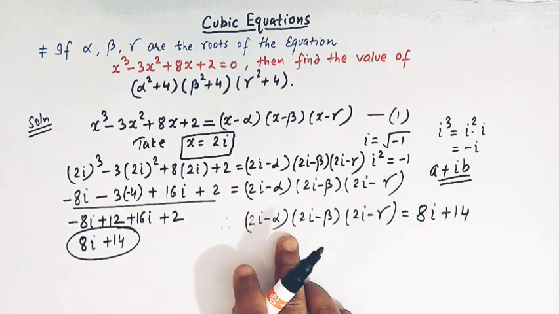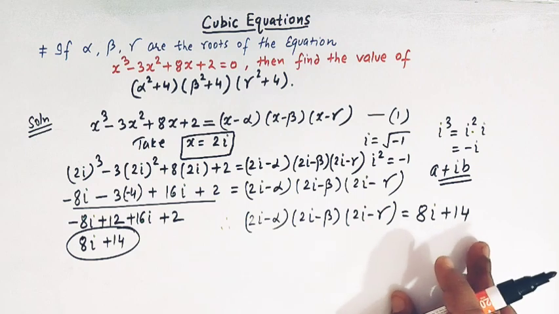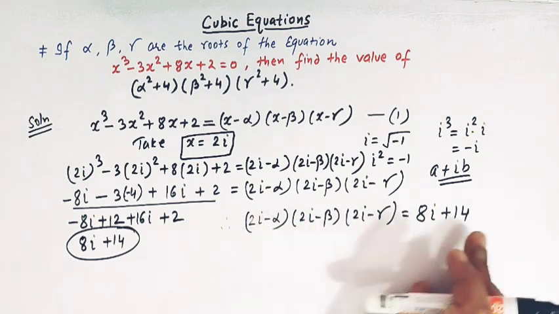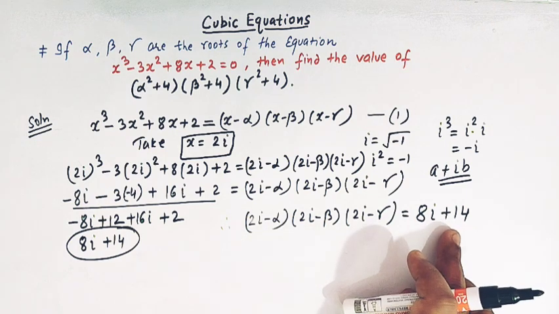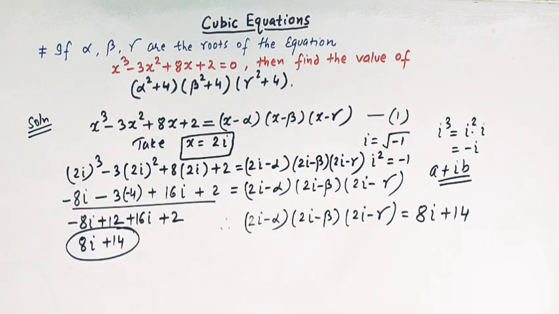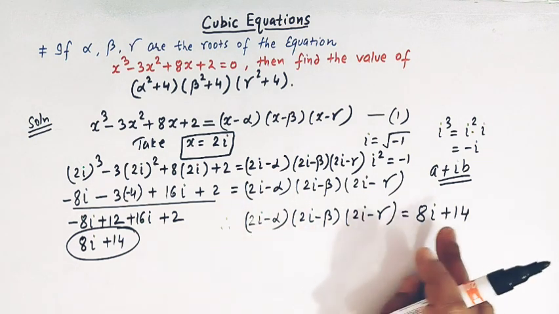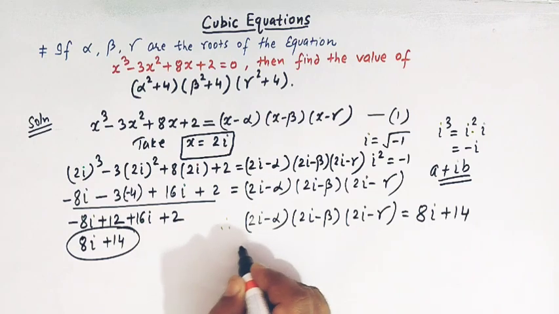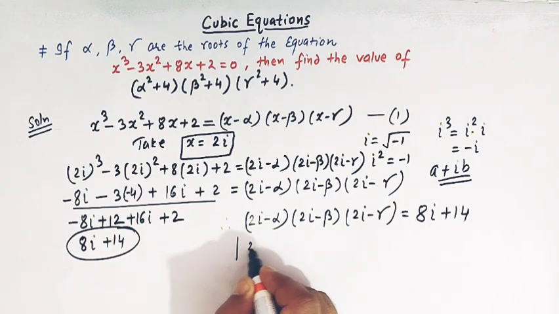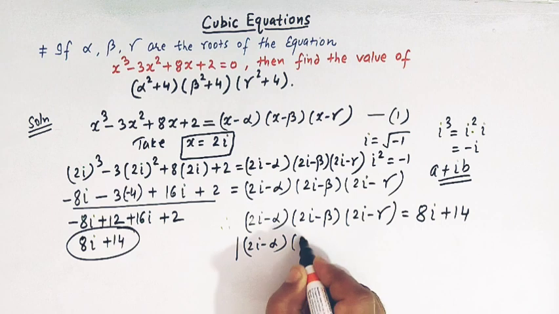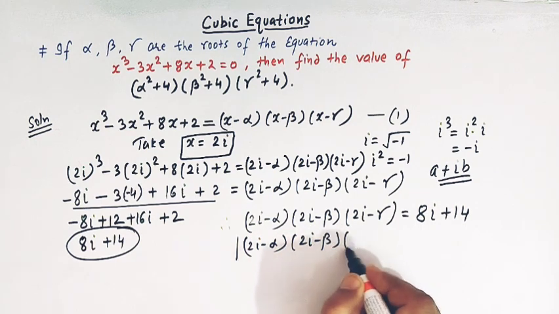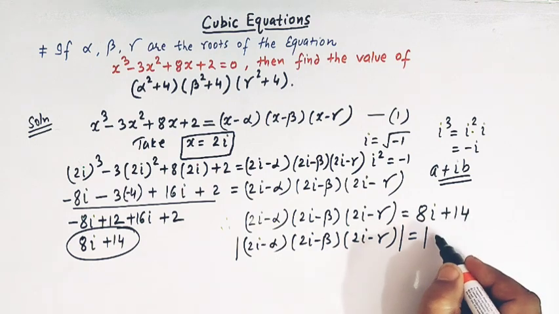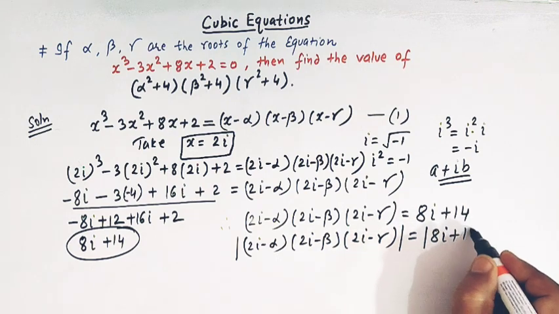Now from here we'll take the modulus, or the magnitude, of both sides, because both sides are complex numbers. So we can write the magnitude of 2i minus alpha, 2i minus beta, and 2i minus gamma, and on the other side the magnitude of 8i plus 14.